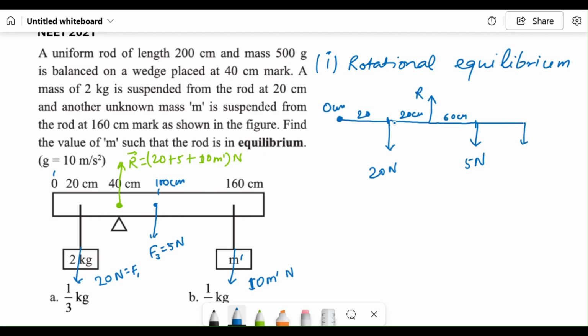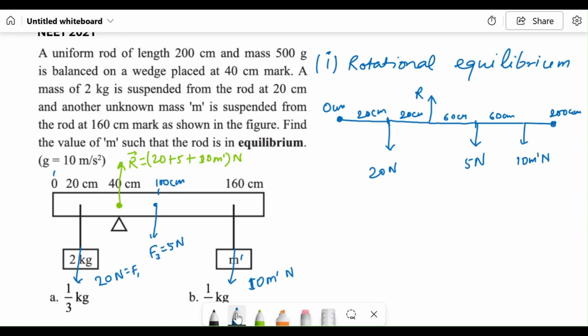So 40 centimeter we have covered, 100 centimeter we have covered, so another 60 centimeter is here, so that from here to here it will be 160. So here we have 10 M prime Newton, and at this end it is completely 200 centimeter. This is the last end of the rod.